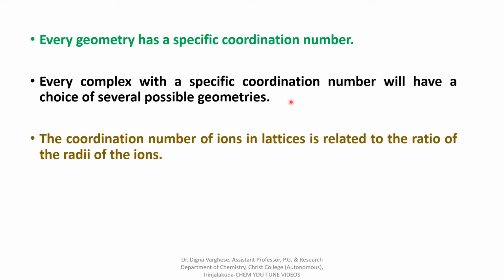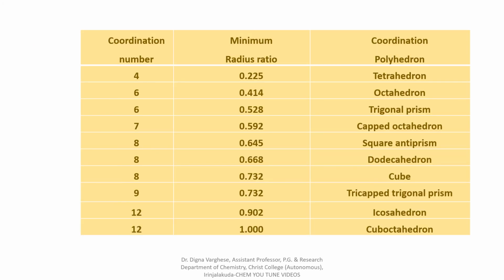The metal ion can prefer tetrahedral or square planar geometry. The coordination number of ions in lattices is related to the ratio of the radii of the ions. Here you can see many coordination numbers: 4, 6, 6, 7, 8, 8, 9, 12, etc. Their radius ratios are different.